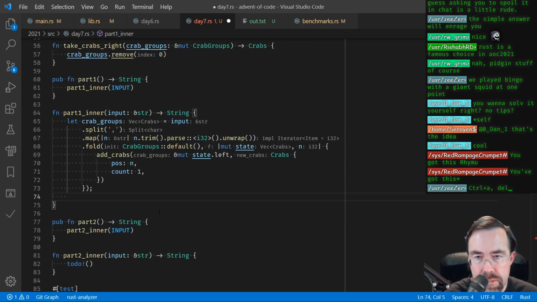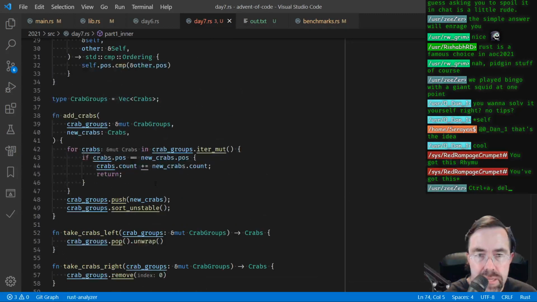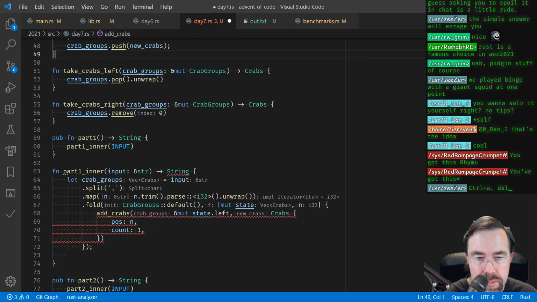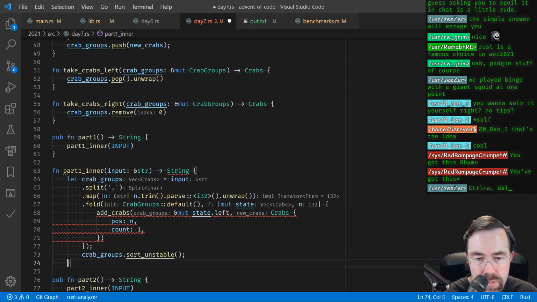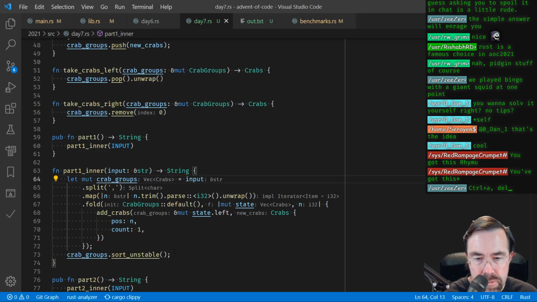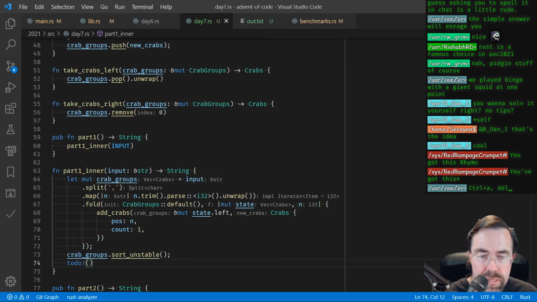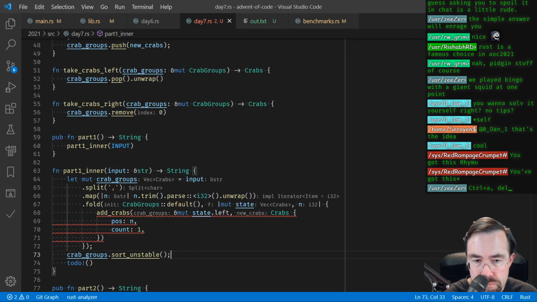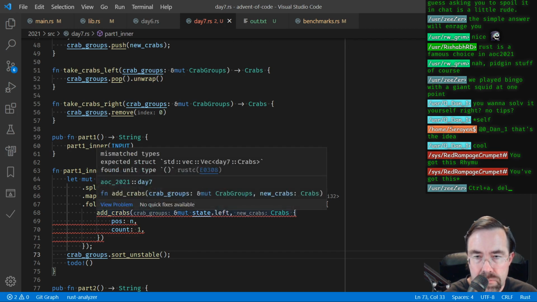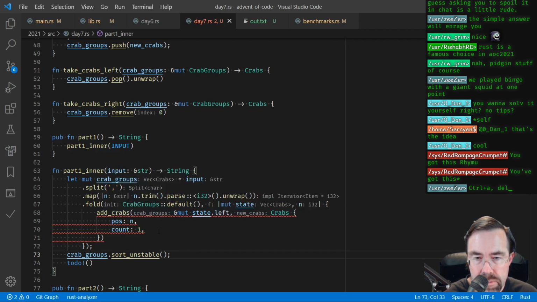So it's all nice and sorted. In fact, I can do the sorting last. I don't need to do it inline here. Let's do that there. Make this mutable. And make that todo. Expected unit type. What?